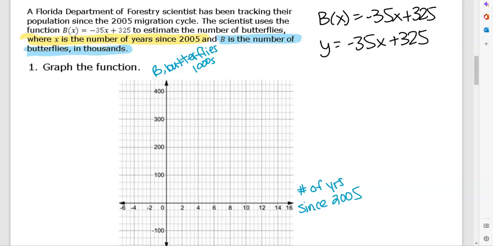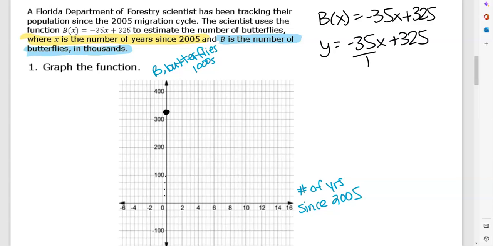How are our values moving this time? By 20s? 1, 2, 3. Oh, yes, good. 25. So 325, that's easy to label, right? 325 is right here. But my slope is negative 35 over 1.